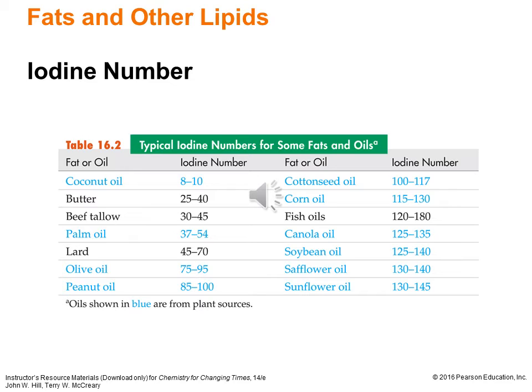But if we're looking at the true liquid oils, they tend to have large unsaturation numbers, as you see, large iodine numbers that go hand in hand, and the animal fats tend to have much lower iodine numbers because they tend to be mostly saturated fats, with relatively few unsaturated fatty acid residues.